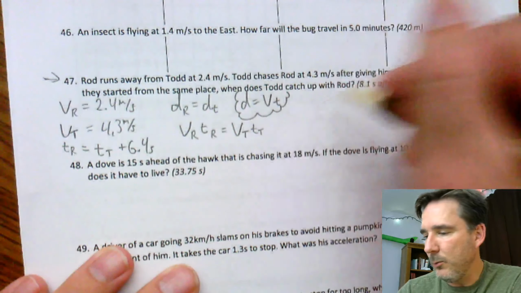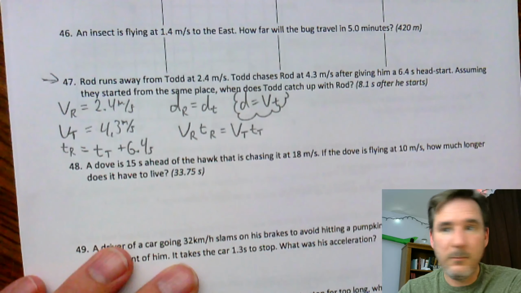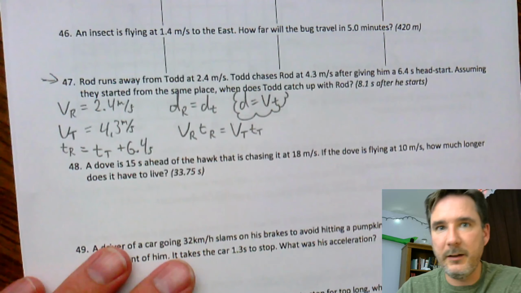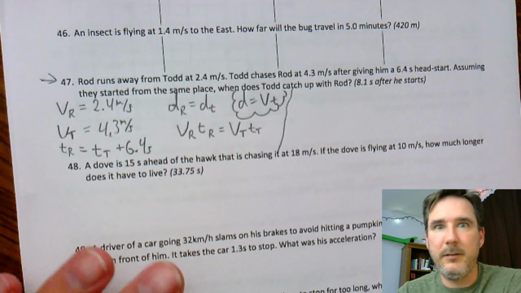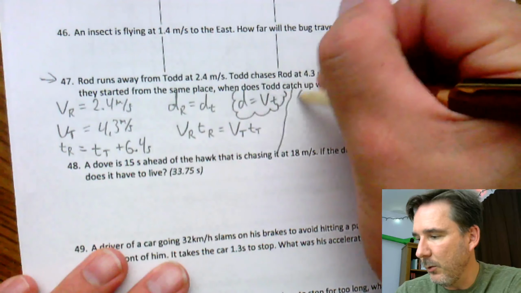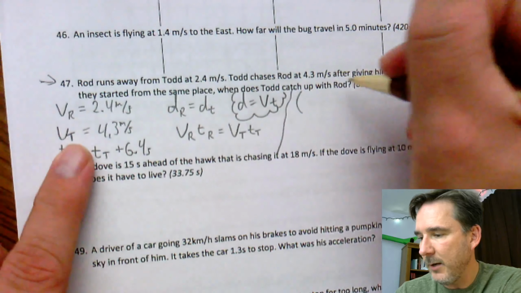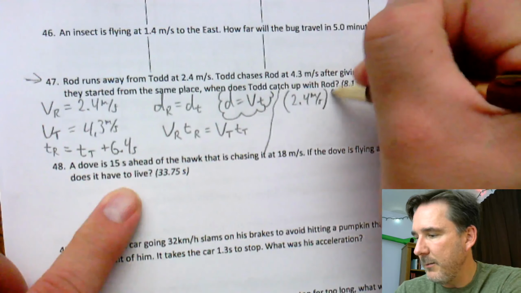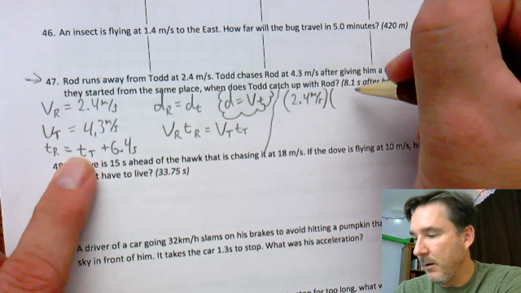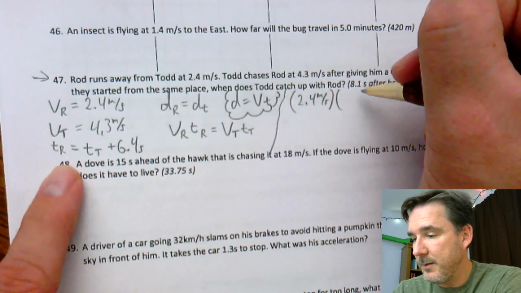All right, now to finish this up, I'm not seeing any questions, but there's an 18-second delay, so I guess I'm going to put a line here. This kind of blurs the thing a little bit. So velocity of Rod is 2.4 meters per second times, I'm sorry, times Rod's time.